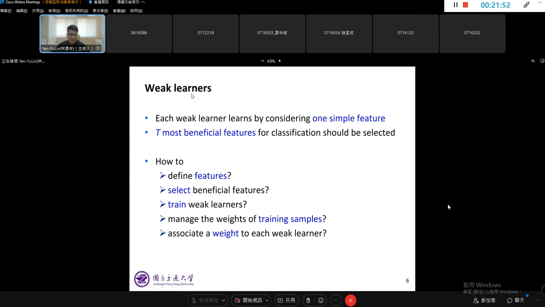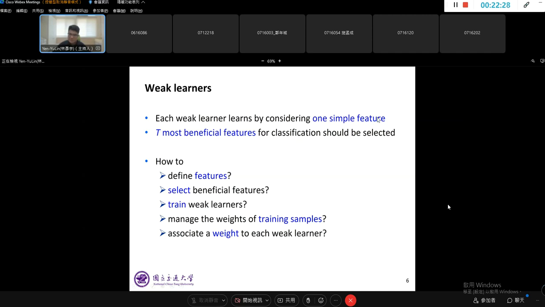Okay, so in the literature of AdaBoost, each weak learner learns by considering one simple feature. I know this term may be ambiguous, but in the literature of AdaBoost it is not ambiguous. We often consider a data point as a feature vector. Each feature vector has many dimensions, and each dimension is called a feature.